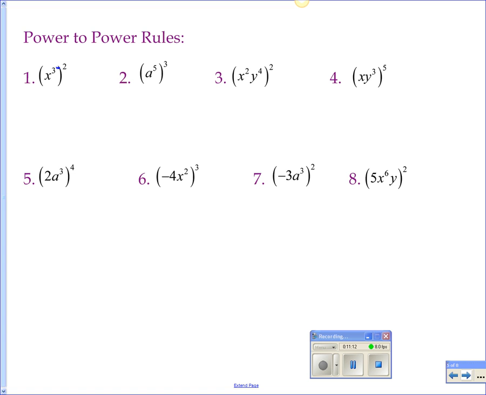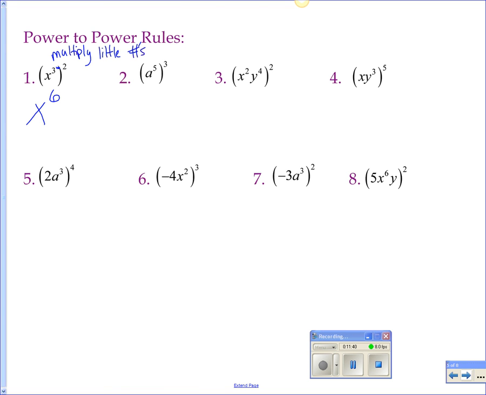When there's only one set of parentheses, you multiply the little numbers. So write that down. You multiply the little numbers when there's only one set of parentheses. Okay? So what is 3 times 2? 6. So this is going to be x to the 6th power.